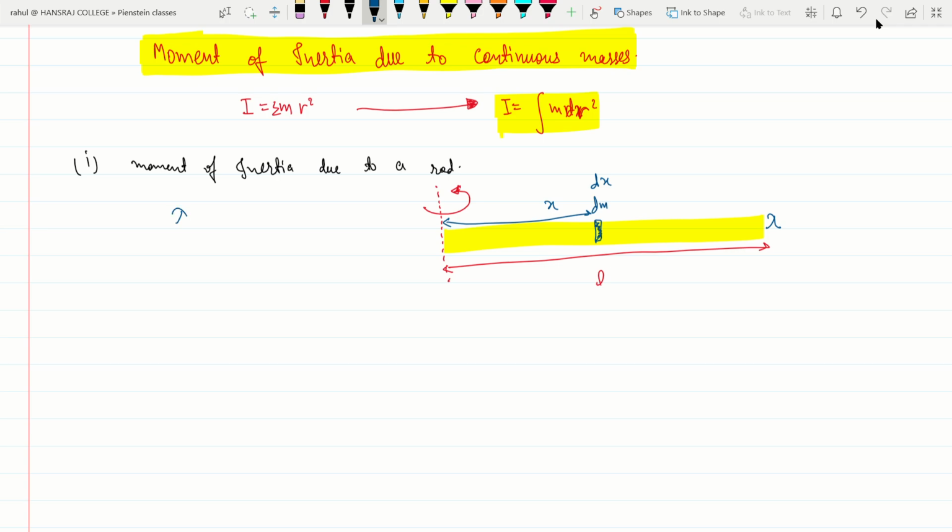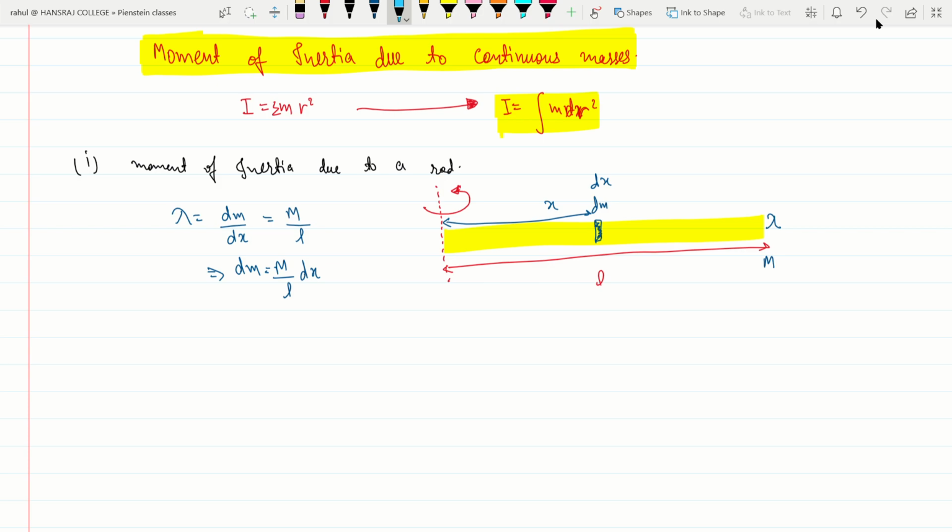So lambda equals dm upon dx, and suppose this rod has a total mass of m, so it will be equal to m upon L. Now the smaller mass will become m upon L times dx.